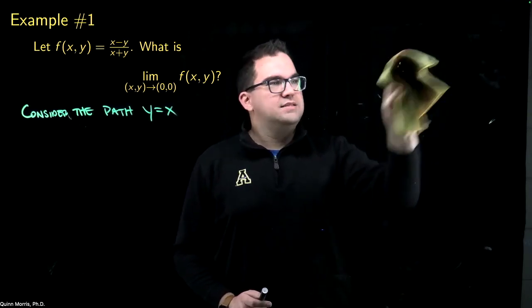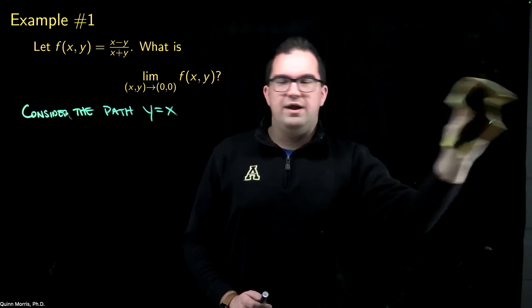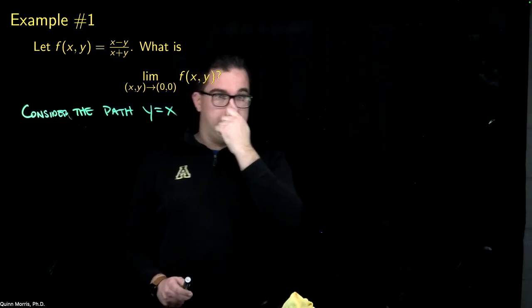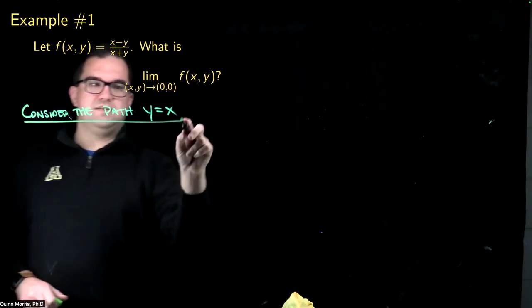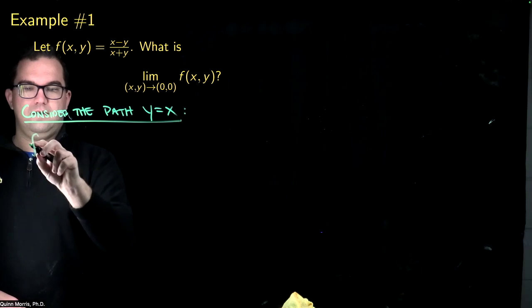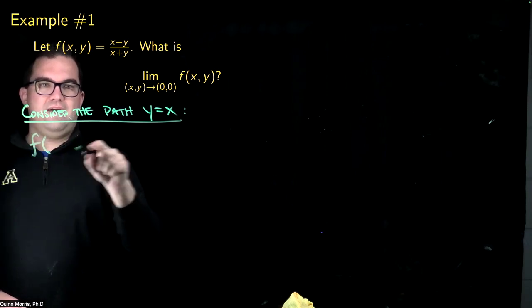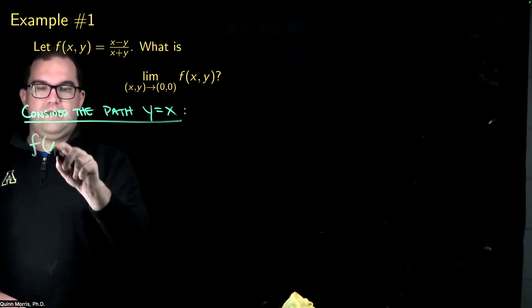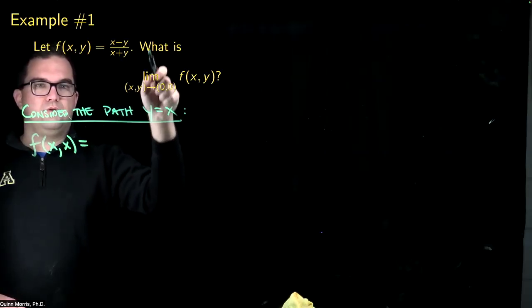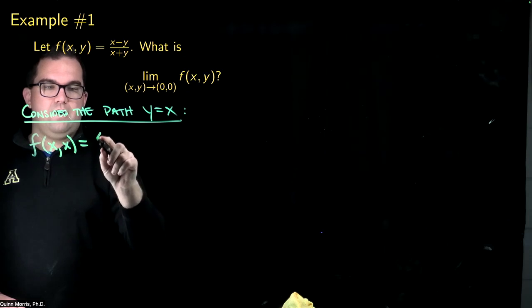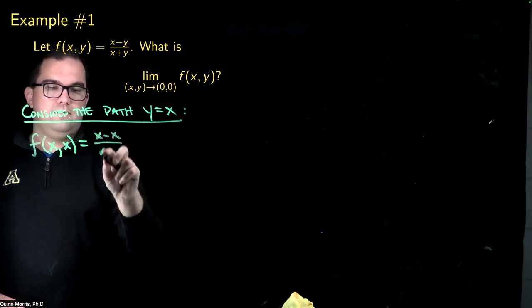Well, the nice thing about doing this is that algebraically, it's going to reduce my number of variables. If I consider this path, then when I look at f of x, y, I'm taking y as equal to x, so I'm really looking at f of x, x. So I plug in x everywhere I see y.